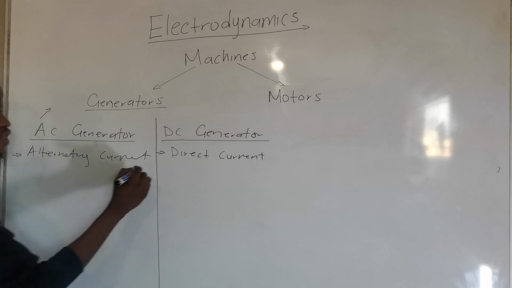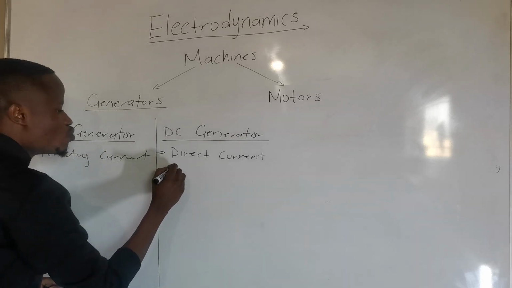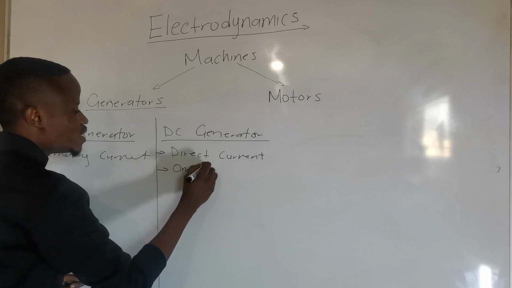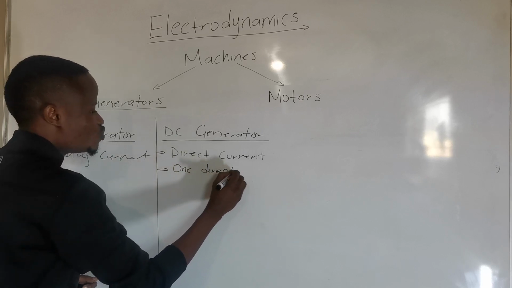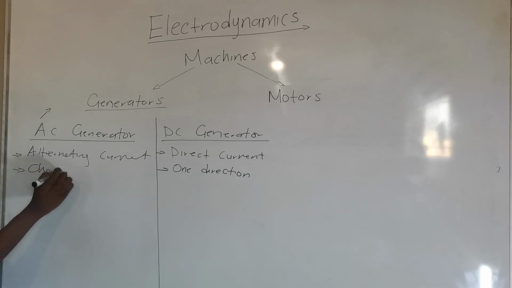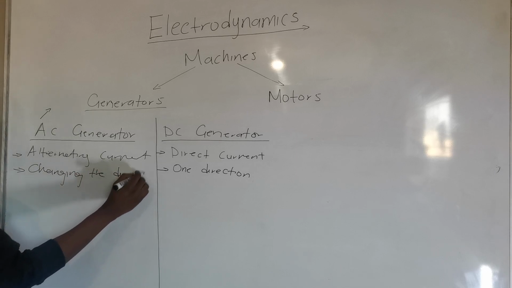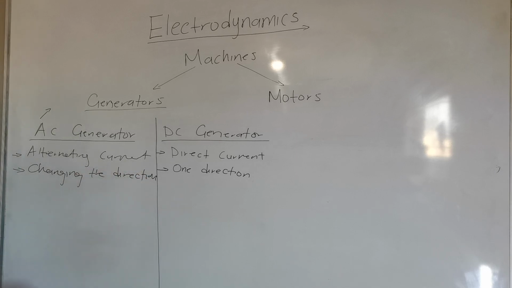Now, for safety purposes, I'm going to put that in this one the current moves in one direction. In this one, the current is changing direction. So that is what you need to know.